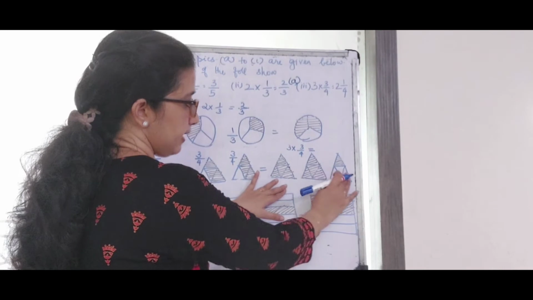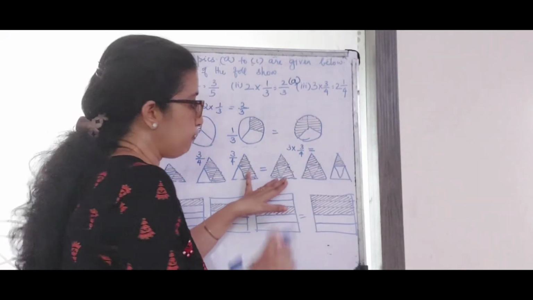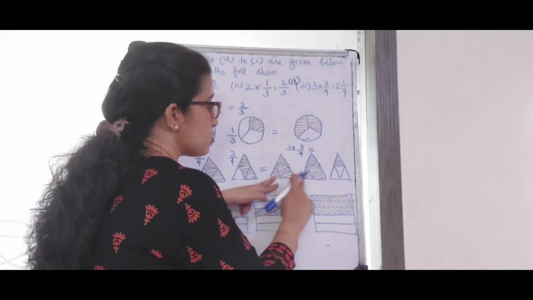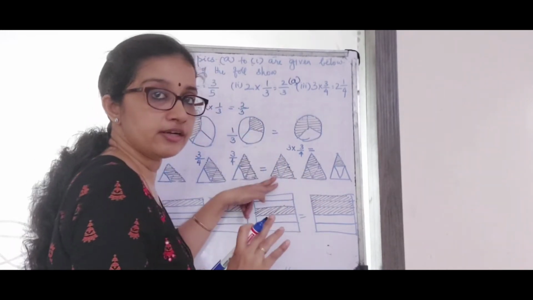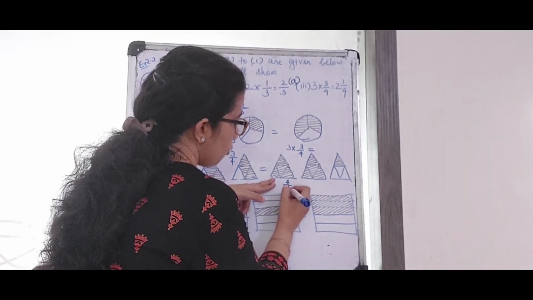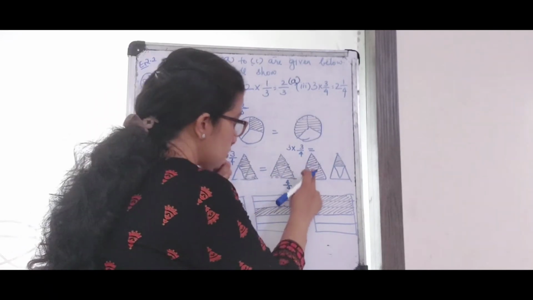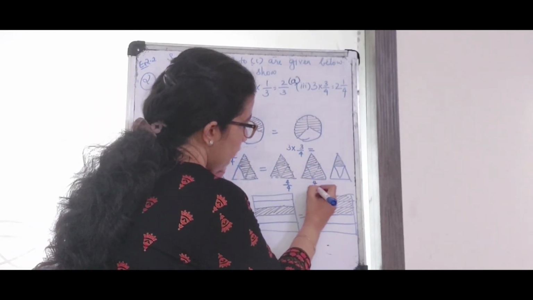There are 3 triangles again. Each triangle has been divided into 4 parts, but when you see, the first 2 triangles have been completely shaded. So here we can write it as 4 by 4. Out of 4 parts, 4 has been shaded. And here also we can write it as 4 by 4.